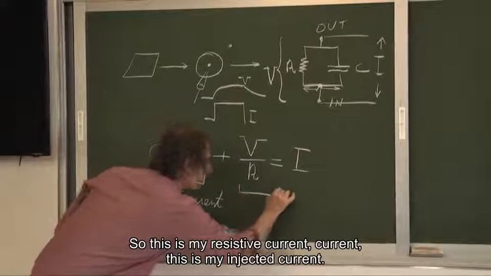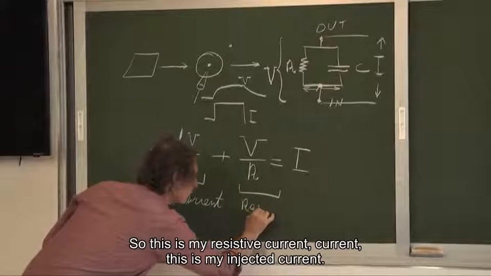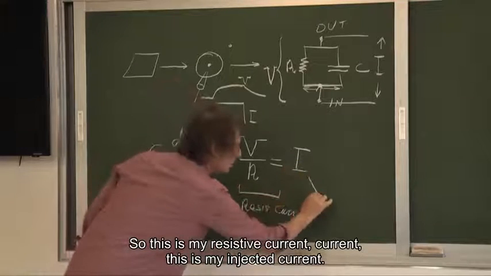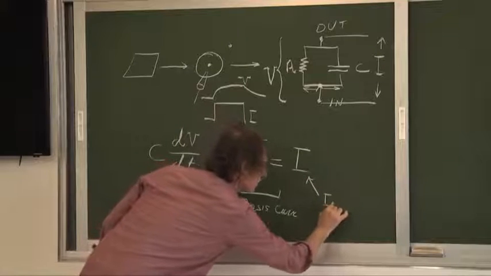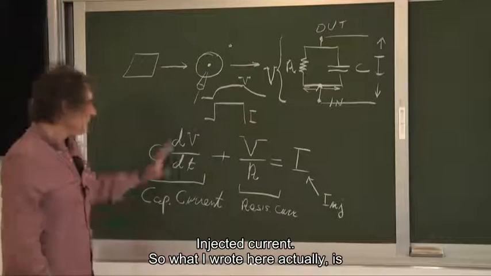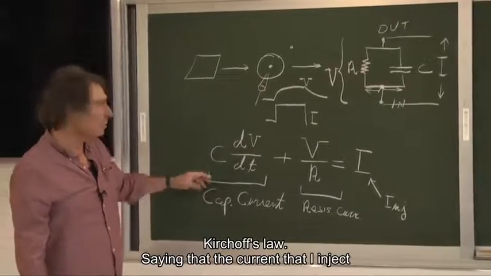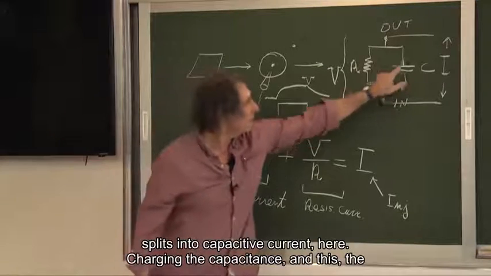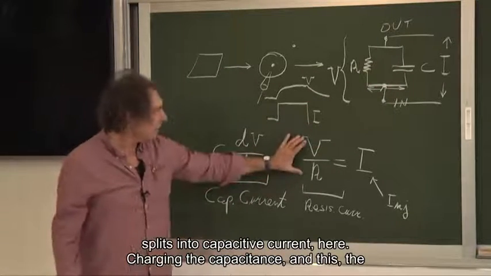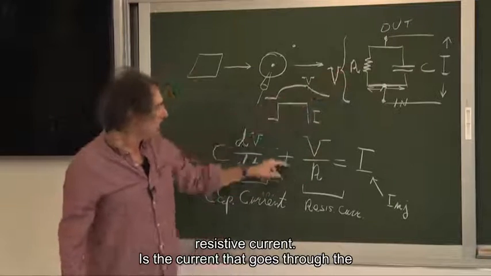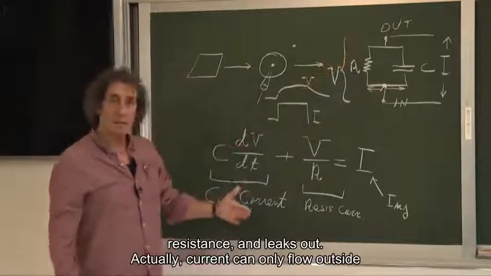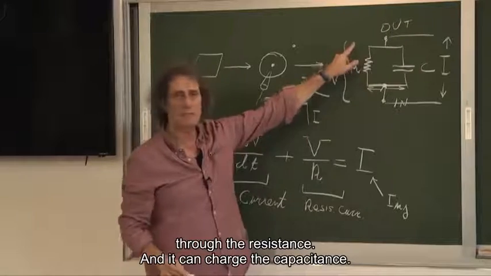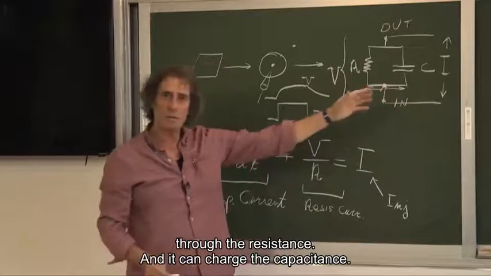So this is my resistive current, this is my injected current. What I wrote here is actually Kirchhoff's law, saying that the current that I inject splits into capacitive current, charging the capacitance, and the resistive current, which goes through the resistance and leaks out. Current can only flow outside through the resistance, or it can charge the capacitance.